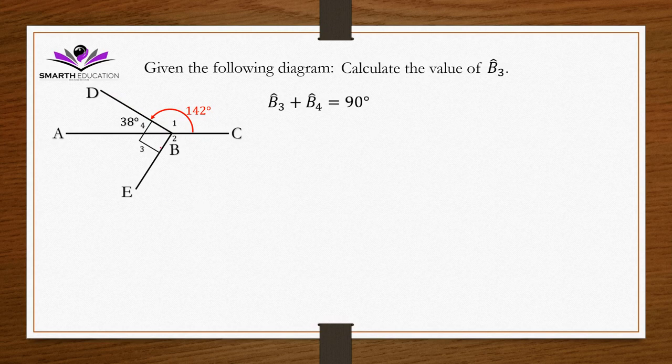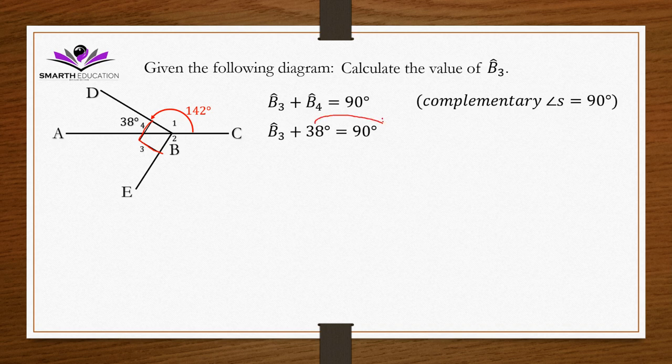We're given that this angle is 90 degrees, so B3 and B4 must give us 90 degrees. They are complementary angles. Transposing 38 degrees, B3 is equal to 90 degrees minus 38 degrees, which is 52 degrees.